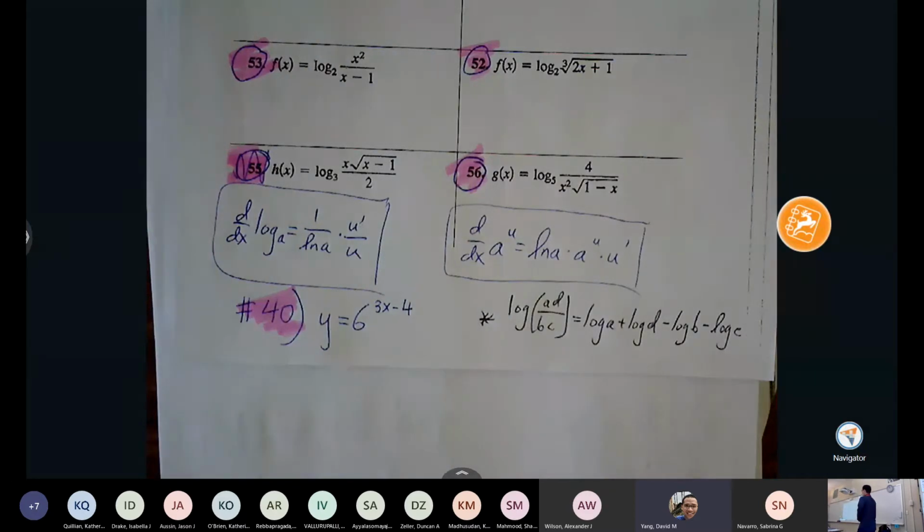Let me see how you guys do. So try all the highlighted problems there.